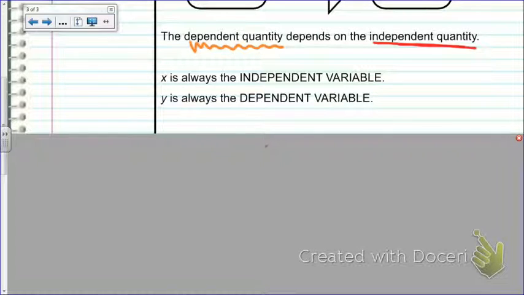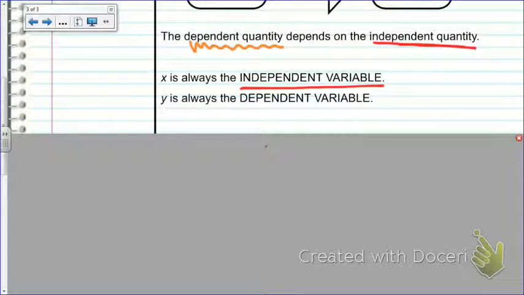Okay, so you guys will get situations explained to you in words, and you're going to have to figure out what the independent and dependent quantity are. But I'm also eventually going to ask you to then graph that situation. And you have to figure out where the label on the graph goes. So x is always the independent variable.